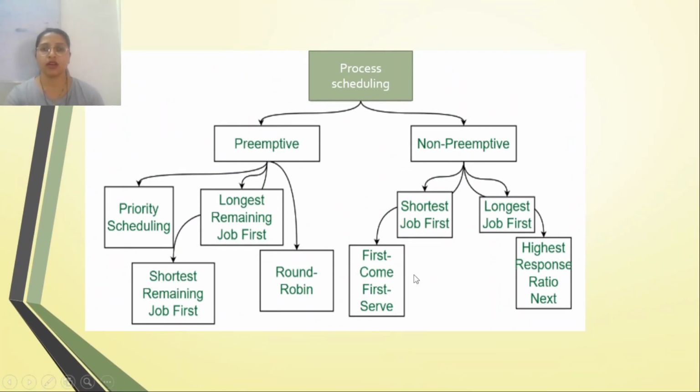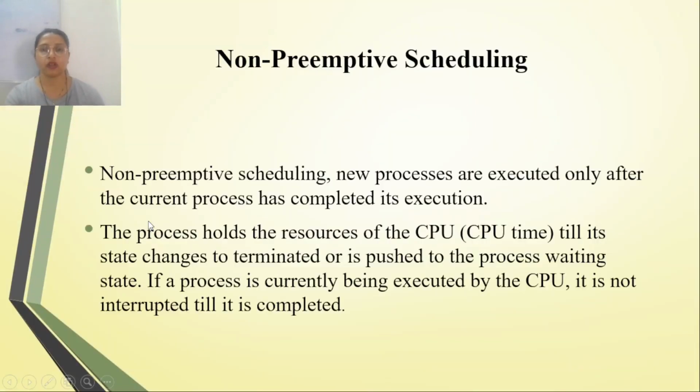Non-preemptive means it will take one job, execute that job, and only then switch to another job. So the concept of priority will not come here, because priority scheduling comes under preemptive.